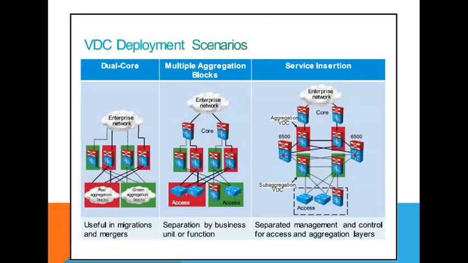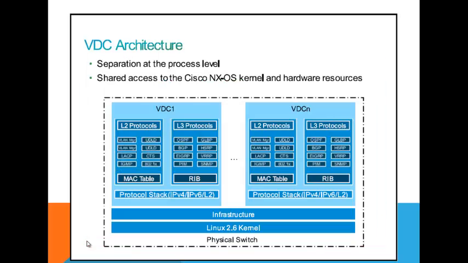Totally 4 I want in the aggregation layer, one for this and another for this. I don't need to really buy 4. With the help of these 2 boxes I can manage by creating VDCs. So these are the 3 different deployment scenarios of VDC in core and aggregation layer.